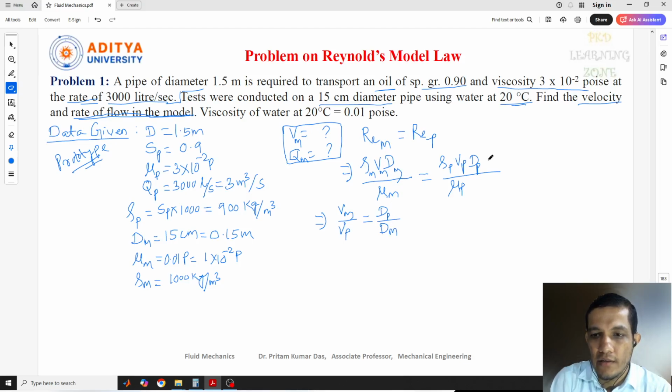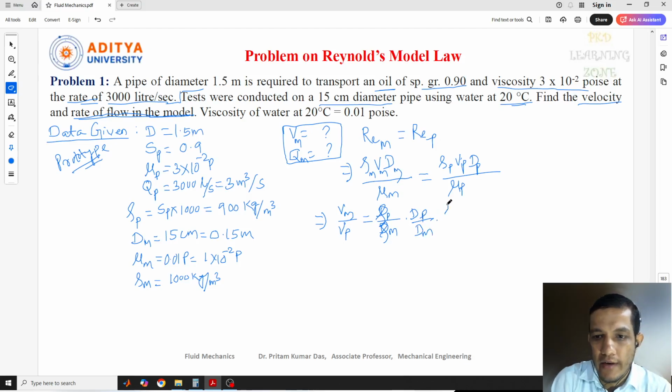Or we can take the velocity to this side, and similarly write rho P by rho M, into mu M by mu P, and again dP by dm.